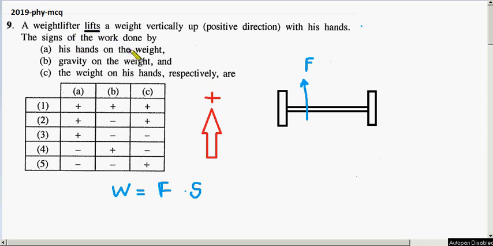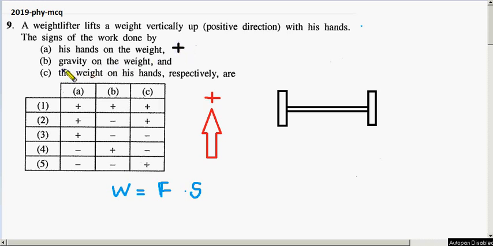The weight lifts, that means it moves upwards. So this way is the displacement. So both are positive, because the direction is given for us to take as positive. So positive times positive, the resultant is positive. So statement A is finished, we solved that part. So this one is positive.